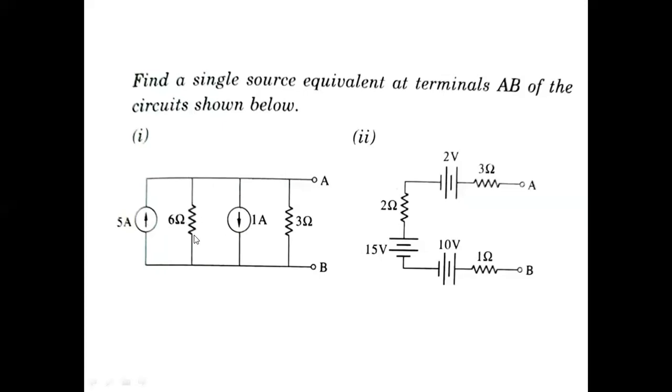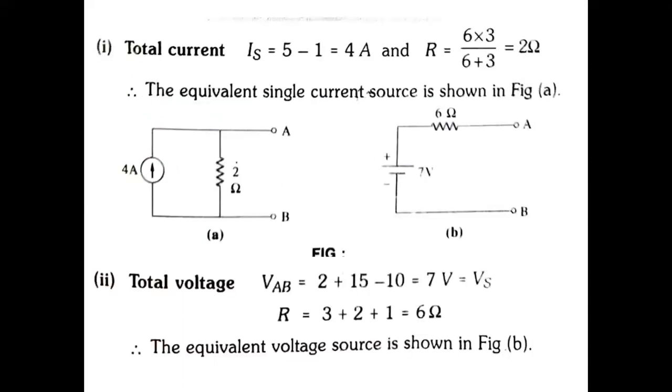So by using R1 R2 by R1 plus R2, 6 into 3 by 6 plus 3, that is 2 ohms. So 4 amperes in parallel with 2 ohms. Similarly, second problem.